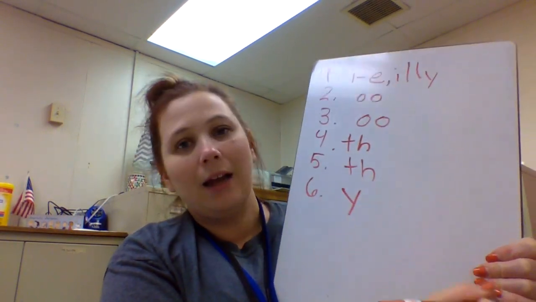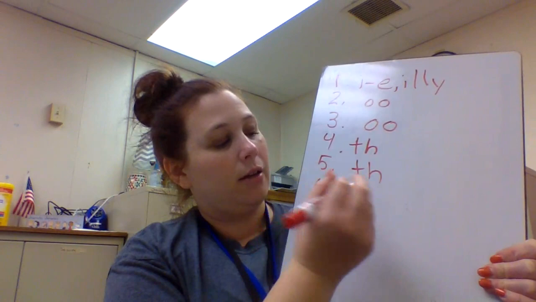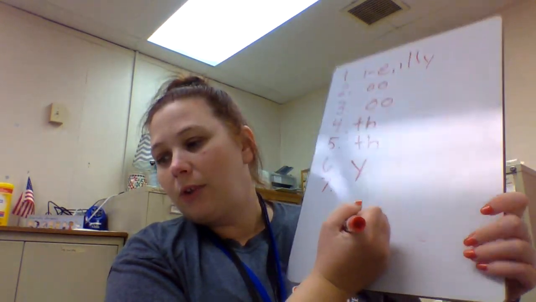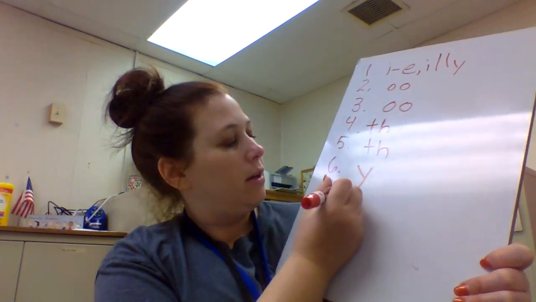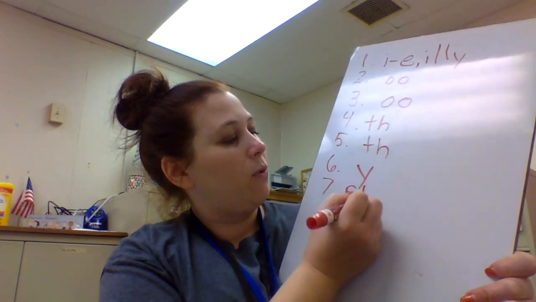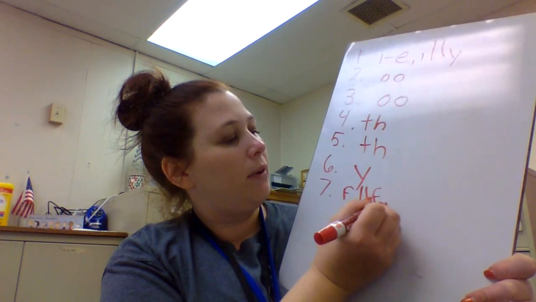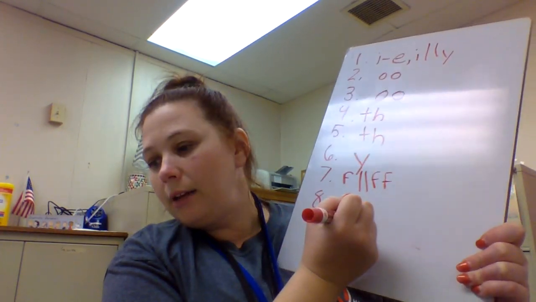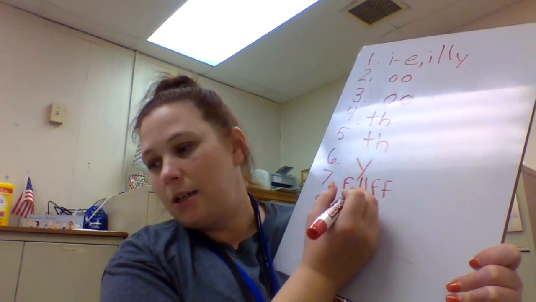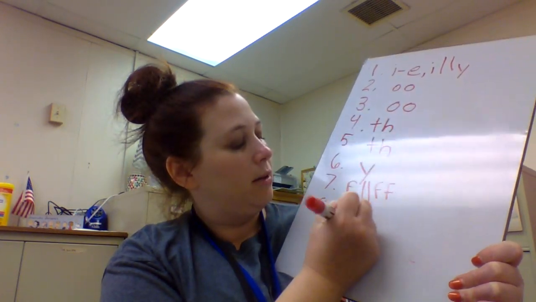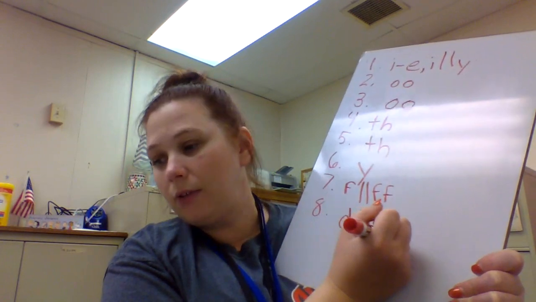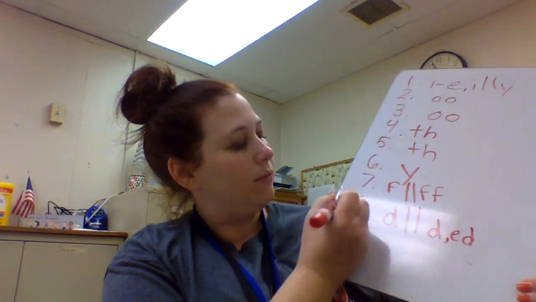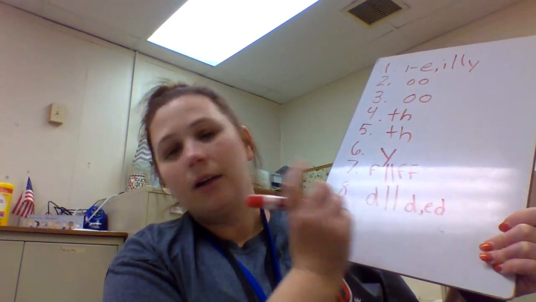That is where our Y acts as a consonant, usually in the beginning of words. Number 7, f. We learned it can be just F, or as a final sound, it can be F, F. Number 8, d. We can make d with D, or as a final sound, D, comma, E, D. Number 9, k.